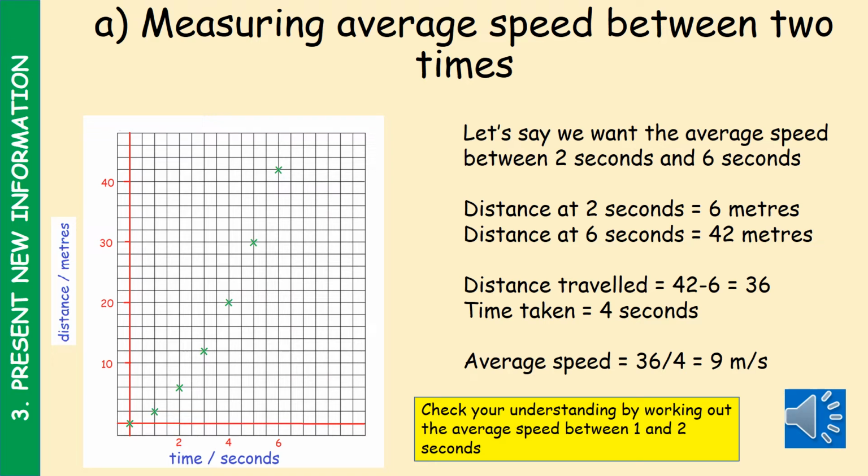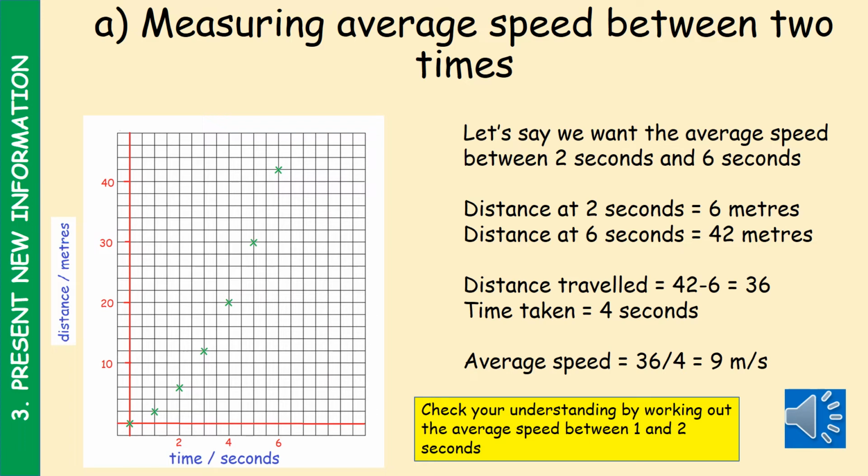You then go along to the 6 and you go up from the 6 and you find the 6-second one is 42 meters. Now in the exam it is worth drawing a line from the 2 up to the curve and then left across to the y-axis, and another line from the 6 up to the curve and then across to the y-axis again.